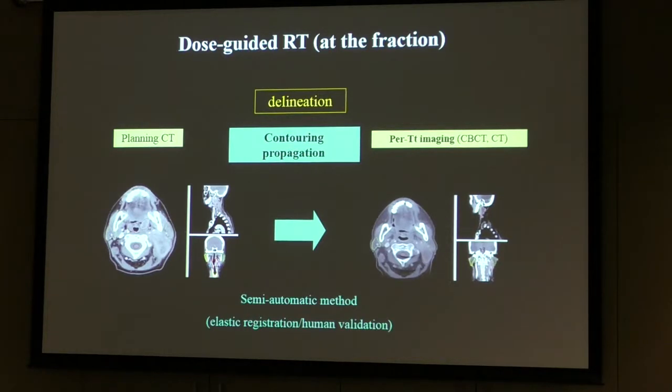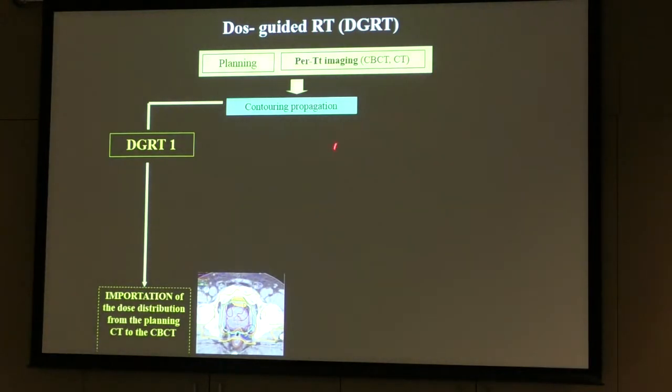But I think in the near future we should be able, day after day, to delineate the contour on the onboard imaging, and then to estimate or calculate the dose at the fraction. There are several ways to do that. The first one is just to import the dose from the planning to the daily imaging.